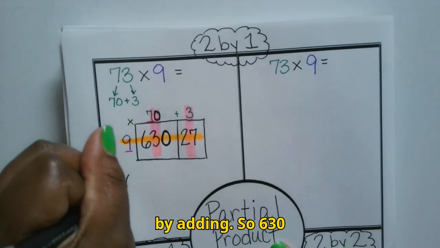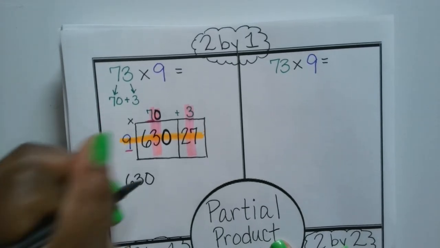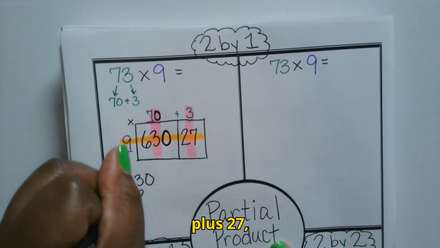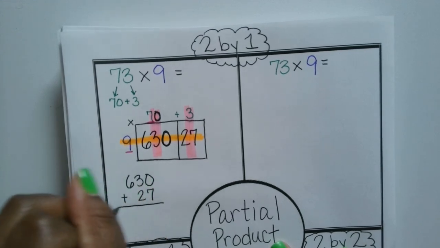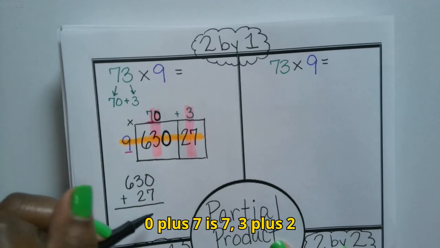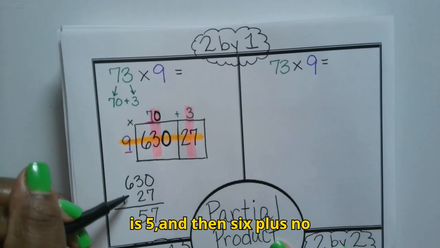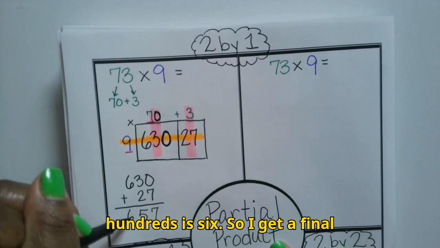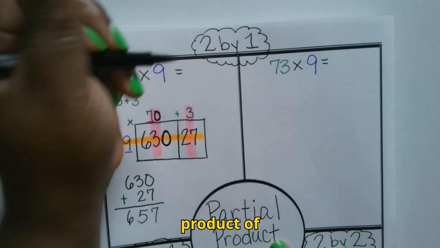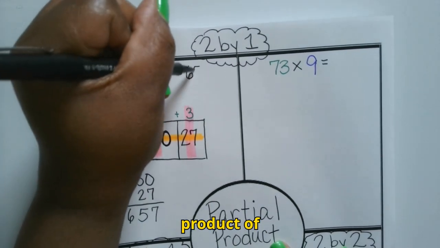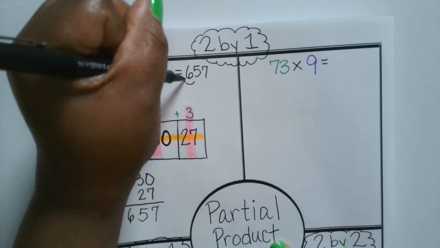So 630 plus 27. 0 plus 7 is 7. 3 plus 2 is 5. And then 6 plus no hundreds is 6. So I get a final product of 657.